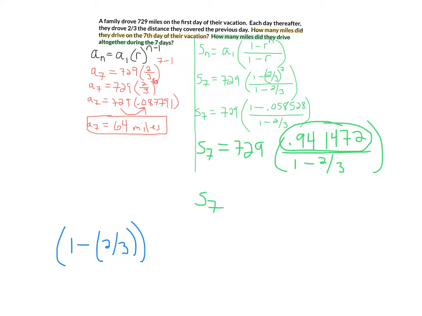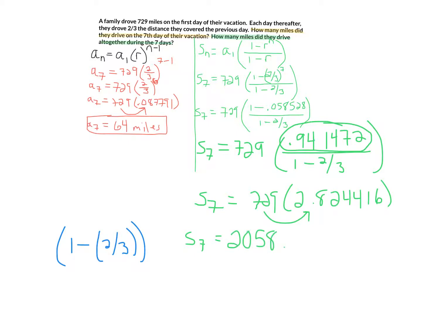All right, so when I do this out, I'm going to have S of 7 is equal to 729 times 2.824416. Now I times by 729, and you're going to find on your calculator, S of 7 is equal to 2058.999264. This is why I don't like using the decimals.